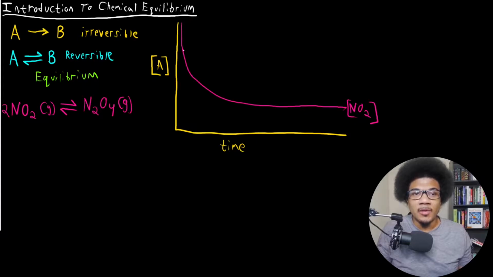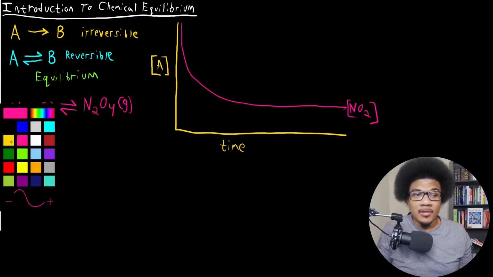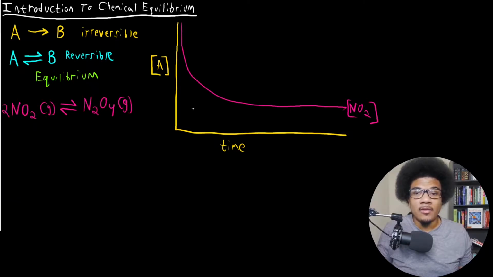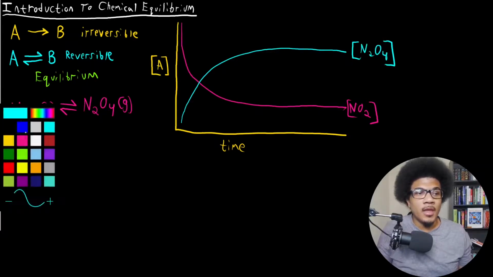It starts to decrease as the reaction proceeds. Simultaneously, we'll have N2O4 that's being produced as well, so the concentration of N2O4 here as well.